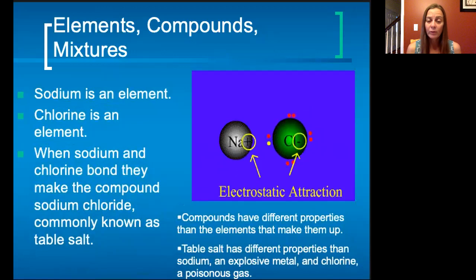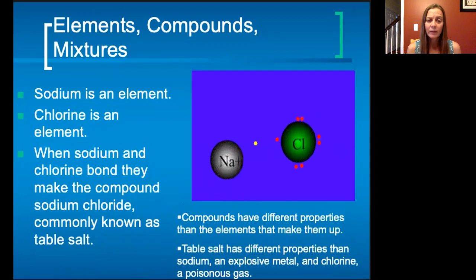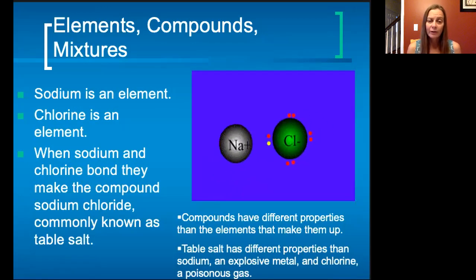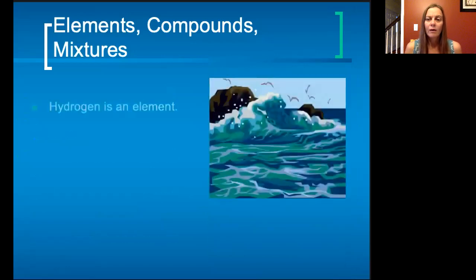For example, chlorine is an element. Sodium is also an element. Sodium is an explosive metal. Chlorine is a poisonous gas, and yet when we put them together, we get sodium chloride, which is table salt. Very, very different from either of the elements that make it up.